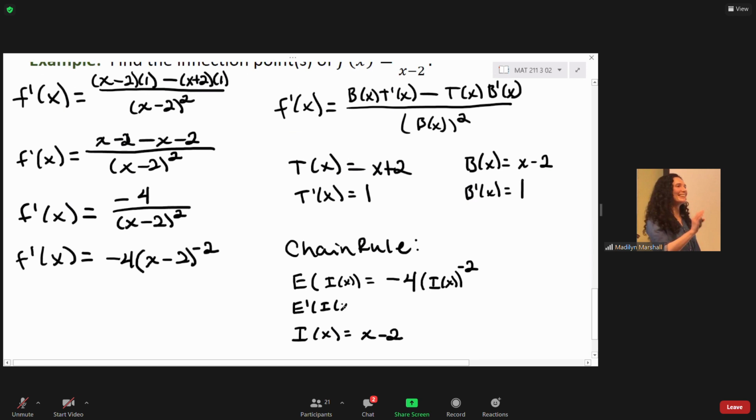So the derivative of the exterior, this is just a power rule. We have a thing raised to a power. So we'll take that power, multiply it down. So -4 times -2 is +8. And that power is going to lower by 1, so we'll have a -3 there.